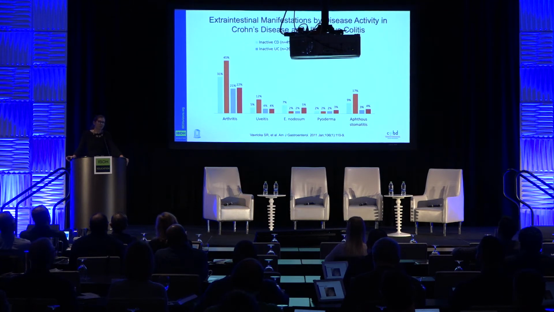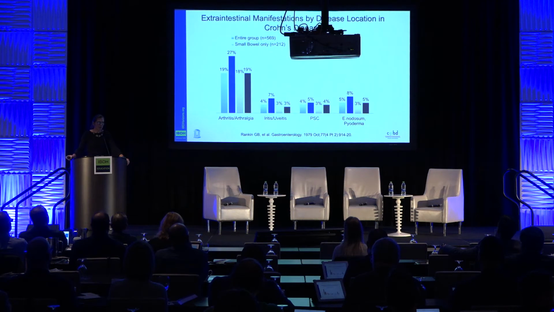When we look by disease activity, the orange bars are active Crohn's disease. By far, active Crohn's disease, particularly for arthritis and oral ulcers, really seems to lead the way. But even inactive Crohn's disease seems to be a little bit more prevalent than active ulcerative colitis.